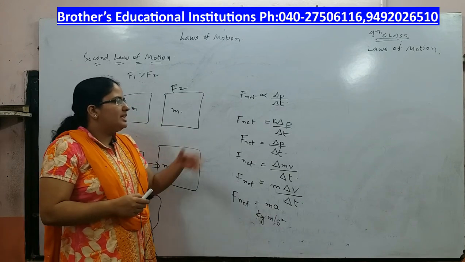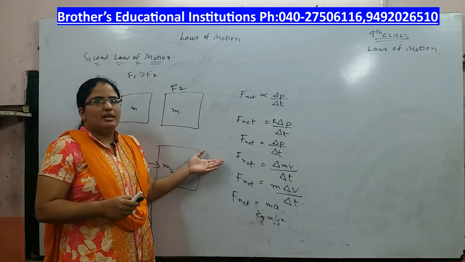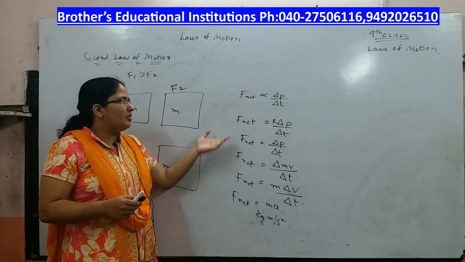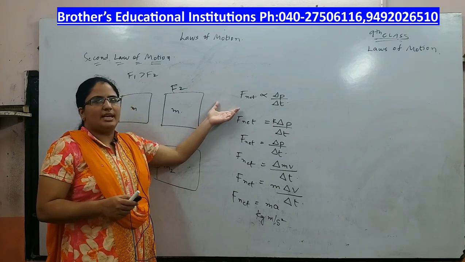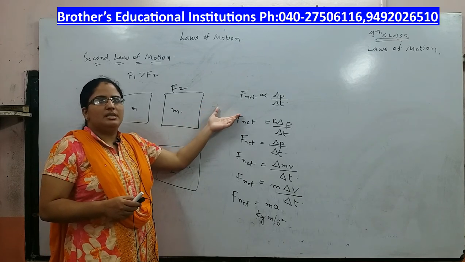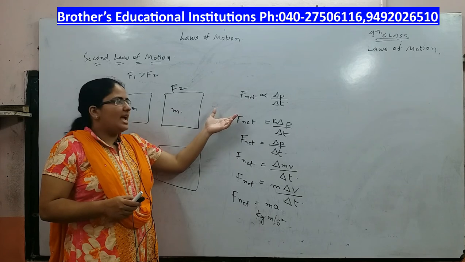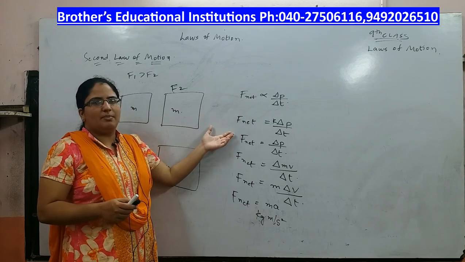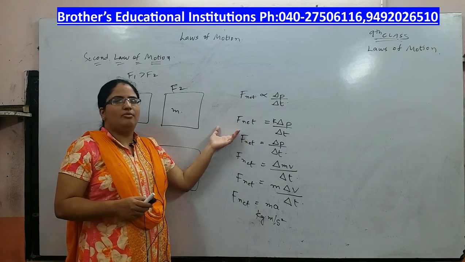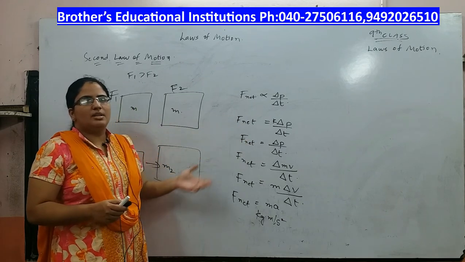Now from this activity it is clear that the rate of change of momentum is directly proportional to the net force acting on it. The more the net force, the more will be the change in momentum. It acts in the direction of the force applied. The body moves in the direction of the force applied.